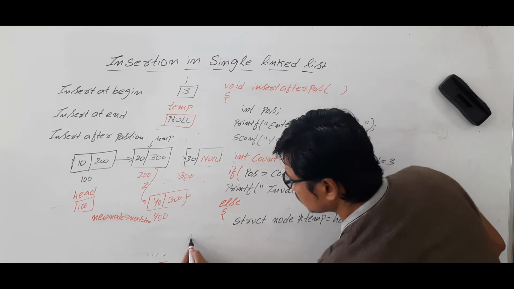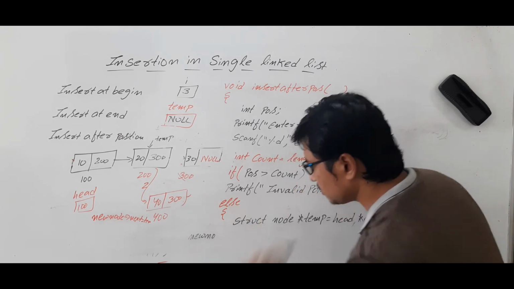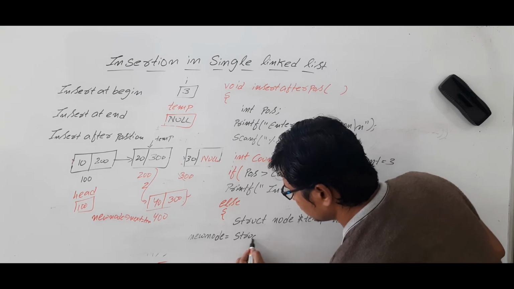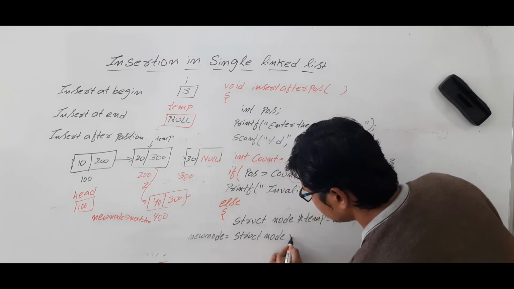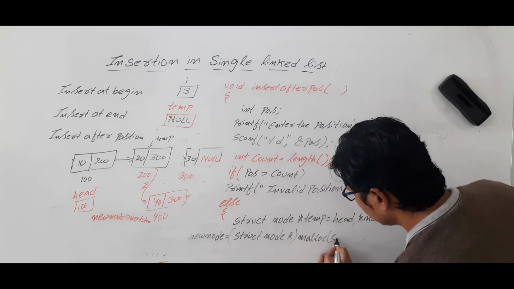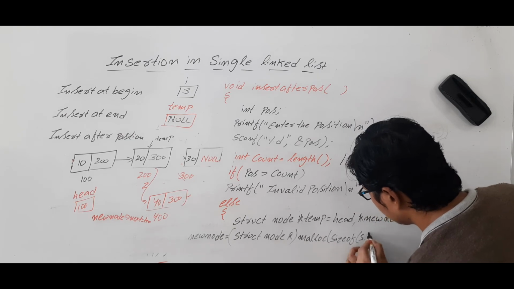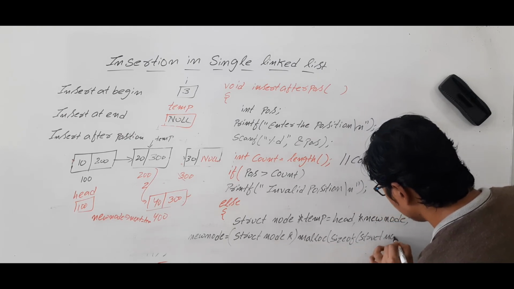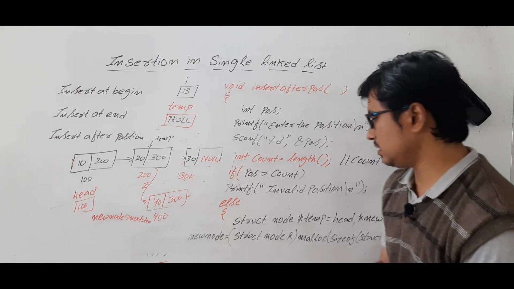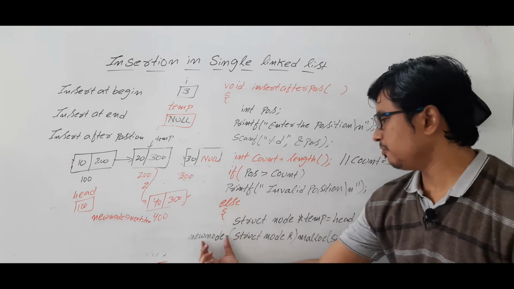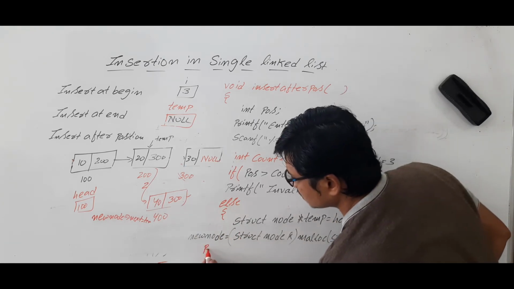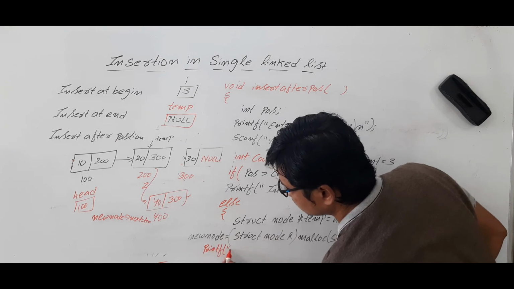Then you can write new node is equal to struct node star, malloc size of struct node. Am I right? Once the user has created the node with the help of malloc function, then you have to ask the user to enter the data. Printf enter the value.